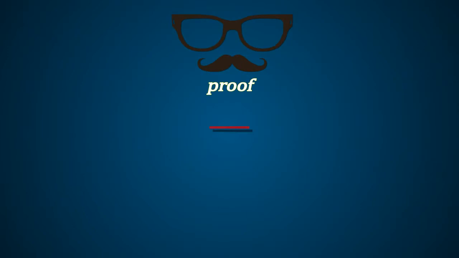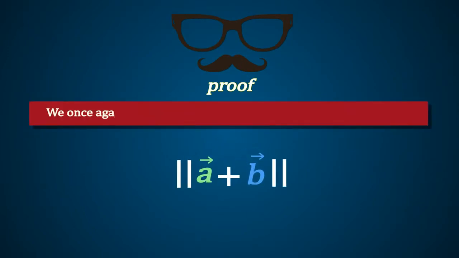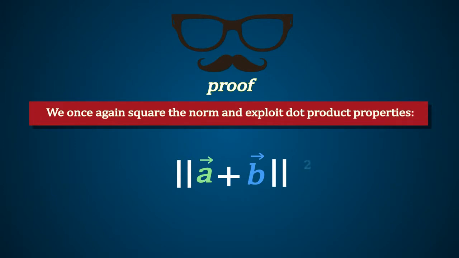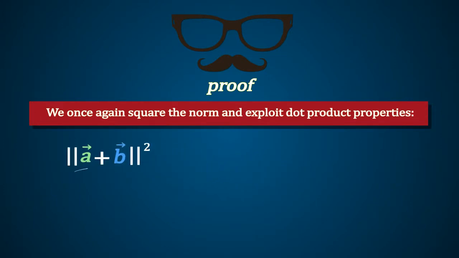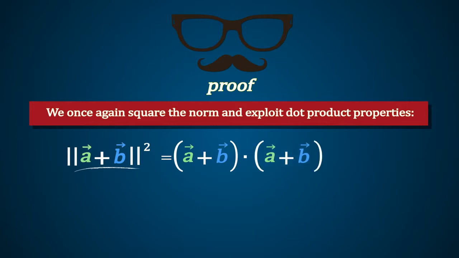Proof: we once again square the norm and exploit dot product properties. The norm of a plus b squared is the same as the dot product of a plus b with itself.